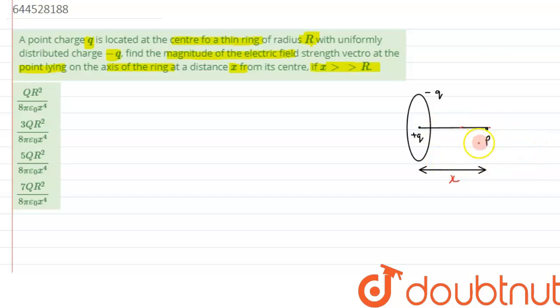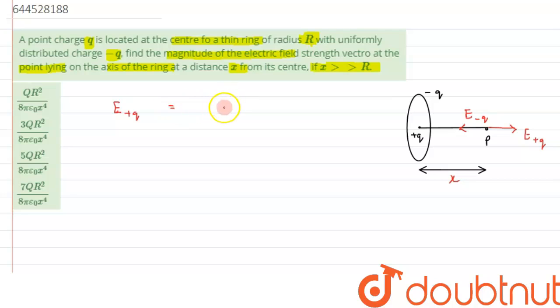For that, we can see due to this positive charge an electric field will be in this direction. So we can write it as E of plus q, and due to the negative charge on the ring, electric field will be towards the ring, and let's suppose it is E of minus Q. First we will write the magnitude of these two electric fields.